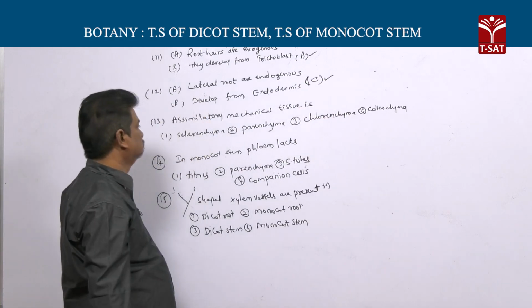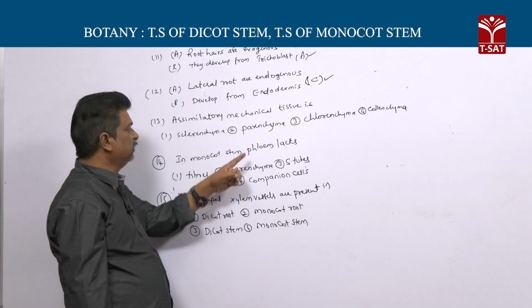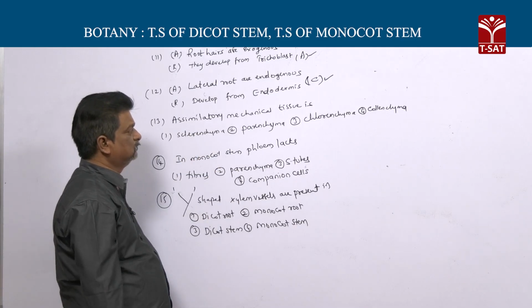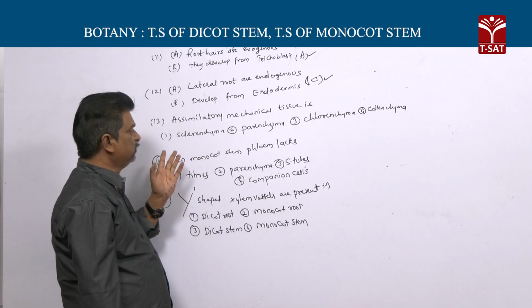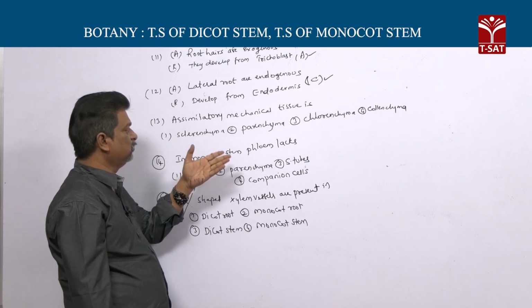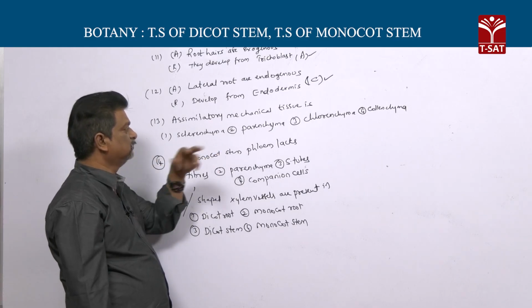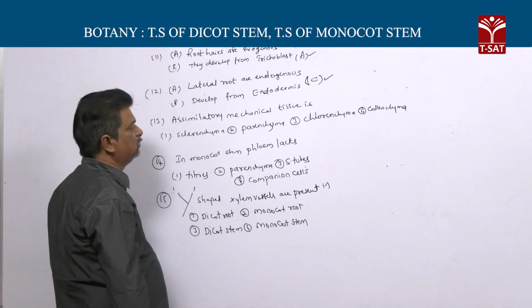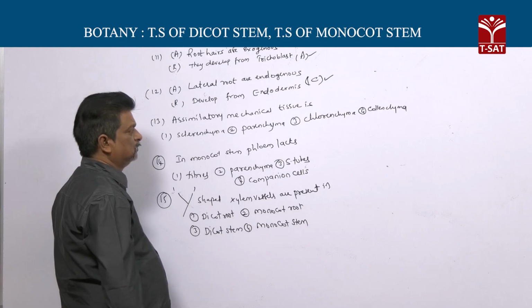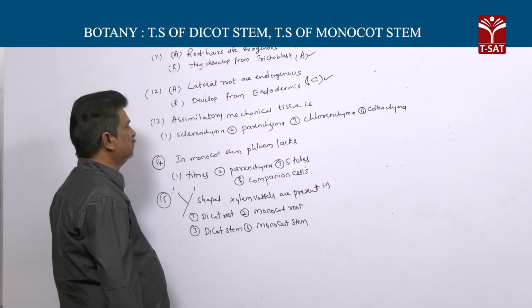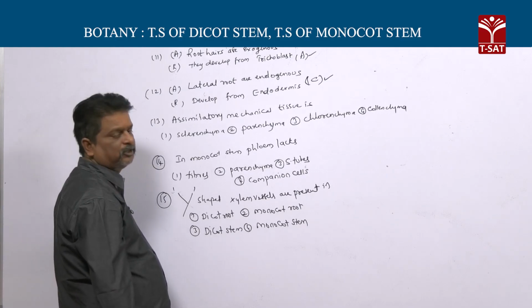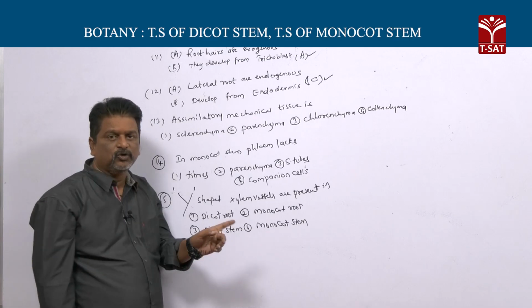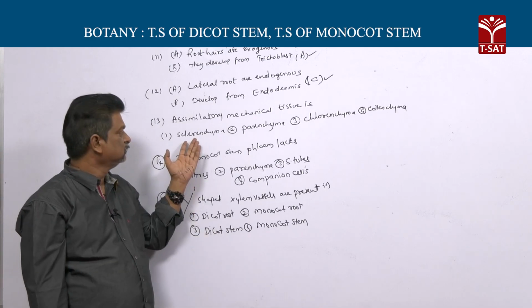C. Then assimilatory mechanical tissue. Actually, simple tissues are three types: parenchyma, collenchyma, sclerenchyma. Parenchyma is non-mechanical tissue, right? Sclerenchyma is dead tissue, and dead tissue does not perform photosynthesis.